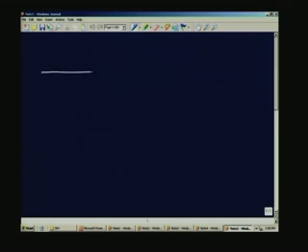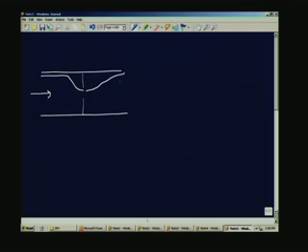So, if I take a flow in an orifice plate, I will just indicate the orifice by a small hole here. The flow is taking place from this side. The flow is going to come like this and it is going to expand like this, and it forms some kind of a circulation pattern here.